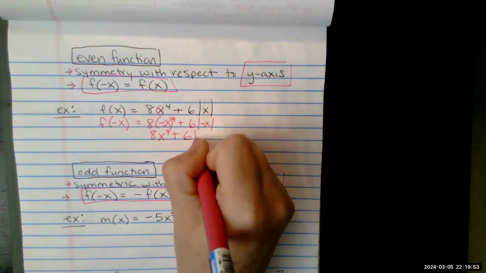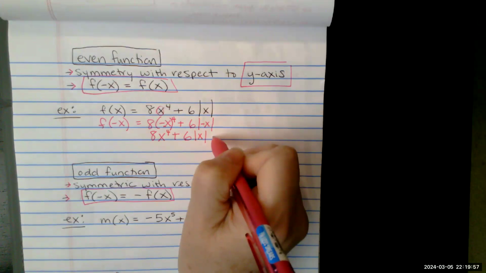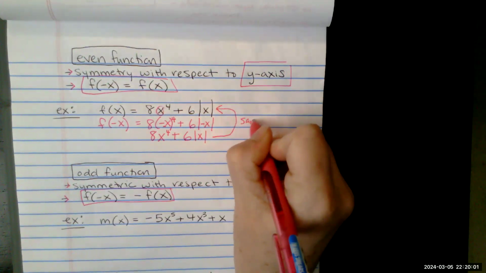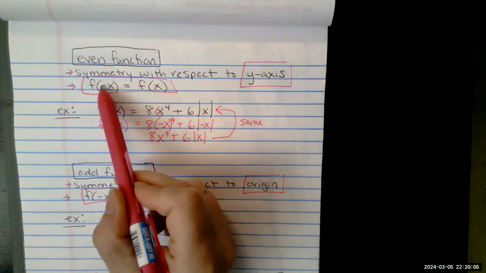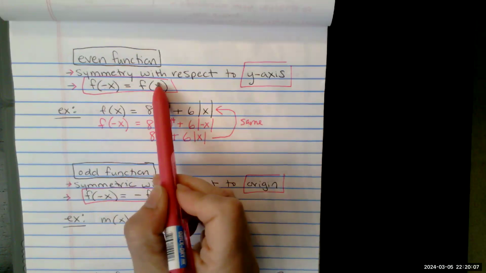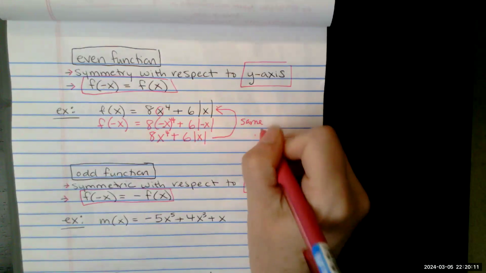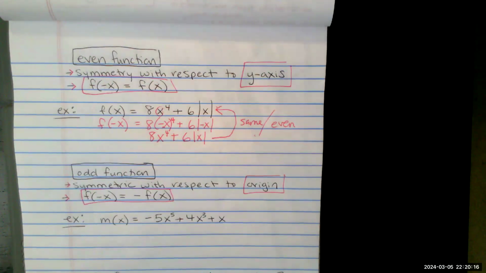And same thing within an absolute value sign. So do you see that I ended up with the same thing I started with? That's what this is saying. Did you plug in a negative x but get the same thing you had when you started? That is what happened here. So this is an even function.